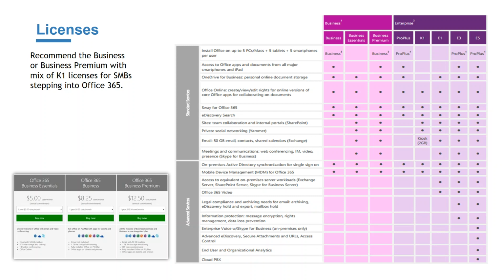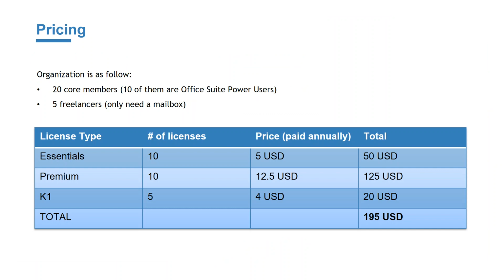So let's take a look at the pricing, and how that will work out in a regular case. Let's say that you have an organization of 25 people. 20 of them are core members, they do marketing, they do creative, and 5 of them are freelancers.